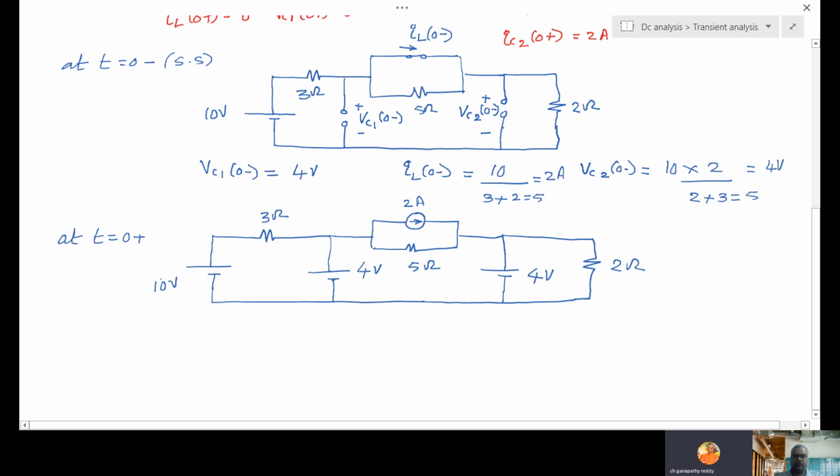So what is VC2(0 plus) anyway? Same, no? VC2(0 plus) equal to VC2(0 minus), that is 4 volts. So here this is C1, this is C2. VC1(0 plus) is equal to 4 volts. IL(0 plus) is same as IL(0 minus), 2 amps.